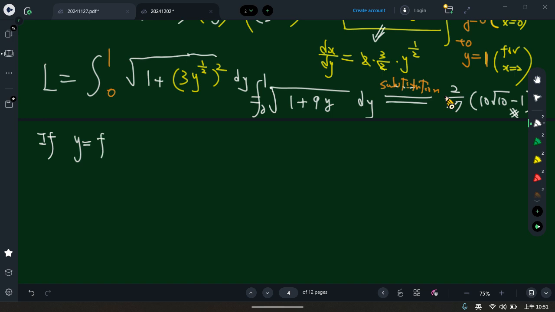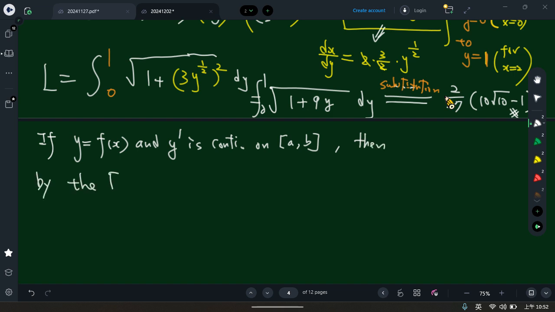If y is equal to f of x and y prime is continuous on AB, then by the fundamental theorem of calculus, we can define a new function, s of x.